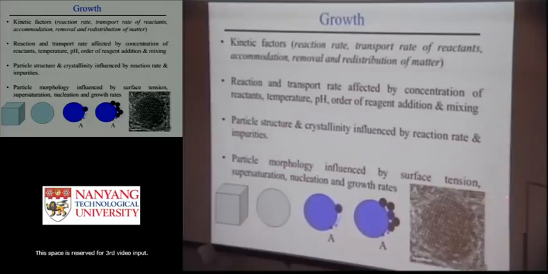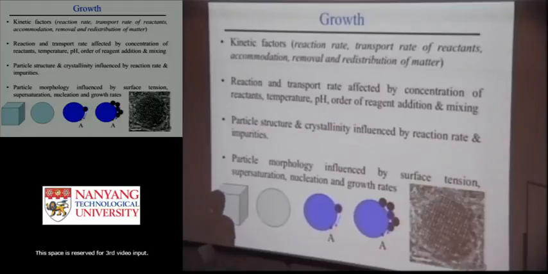What about surface tension? How can the particle morphology be affected by the surface tension? We know the nanoparticle has a very high surface area, and the high surface area in turn will give you a very high surface energy. Any system doesn't want to have a high energy, so-called free energy.